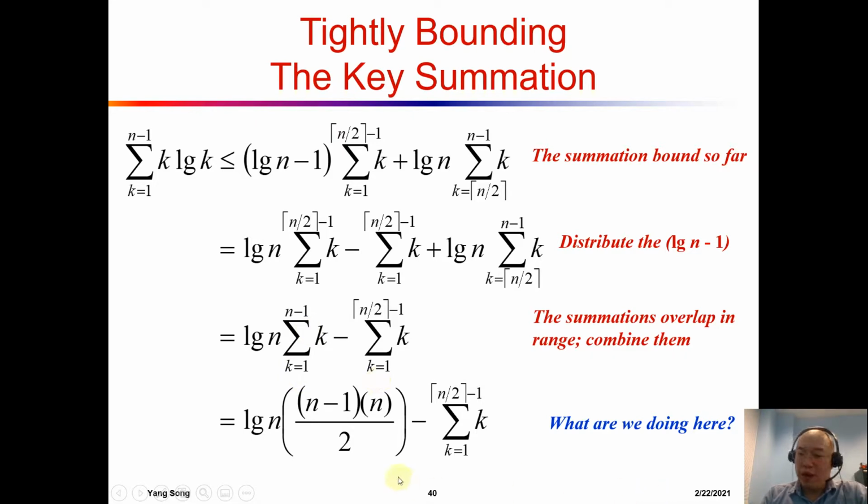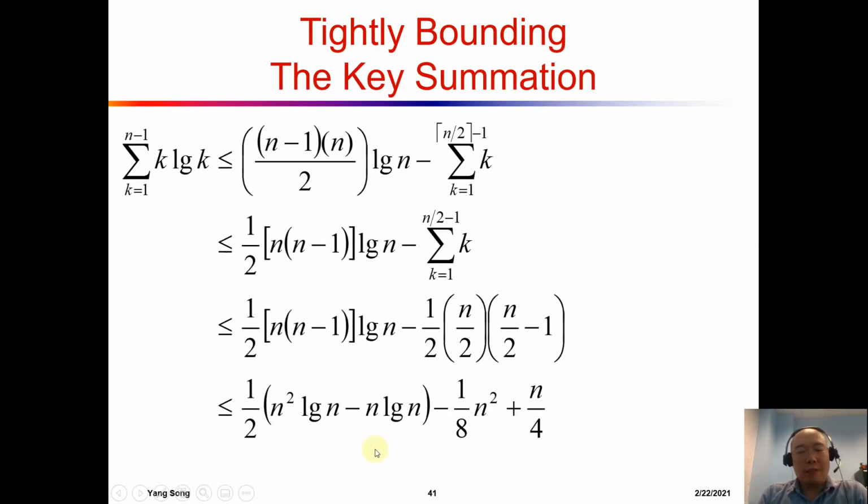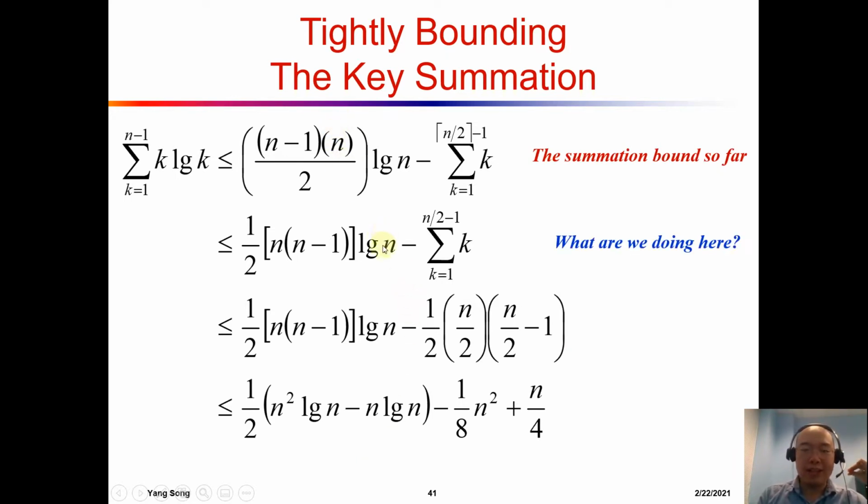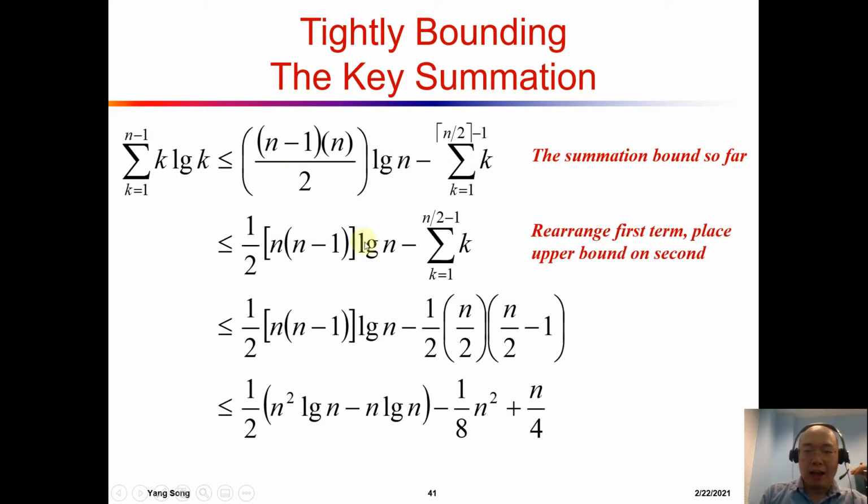And how can we do that? That is the Gaussian series, right? That's a sequence of the natural numbers 1, 2, 3, all the way up to n minus 1. And what's the sum? The sum will be n minus 1 multiplied by n and divided by 2. So that's the Gaussian series. Then we just massage the first term a little bit, and after that we work on the second summation.